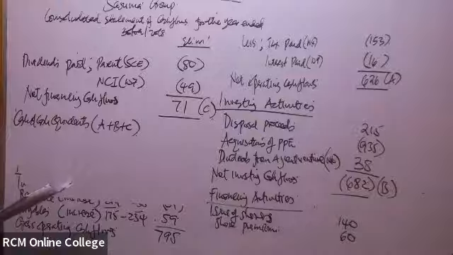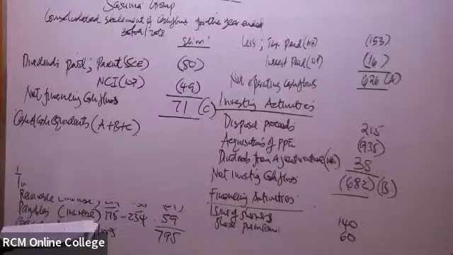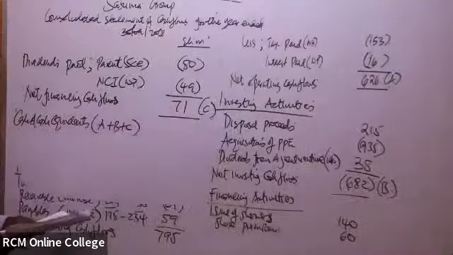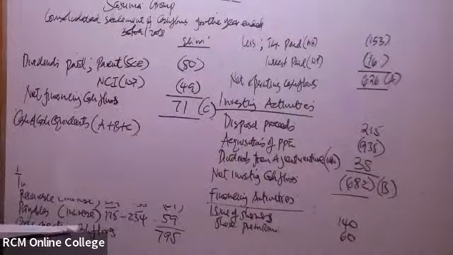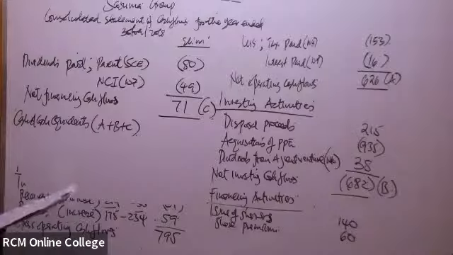Faith says 1379. I don't know where Faith is getting that figure. You take A plus B plus C. This is our A. This is our B. This is our C. So Faith, how are you getting 1379? Debbie, how are you getting 1379?